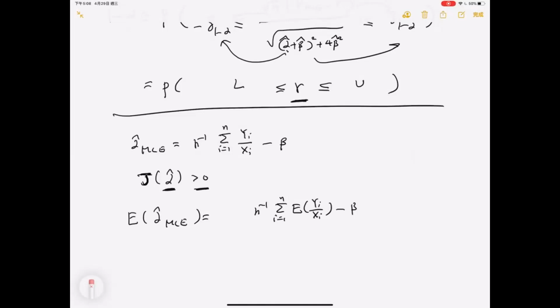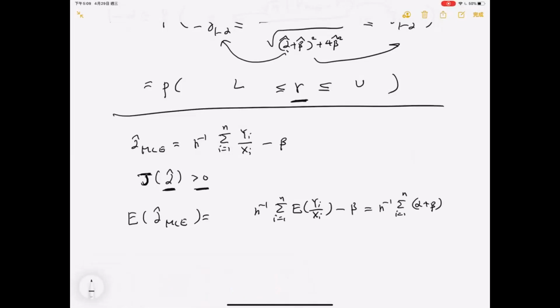I think this equals summation i from 1 to n. The expectation of yi divided by xi is alpha plus beta, I remember. Yeah, I think it's correct.